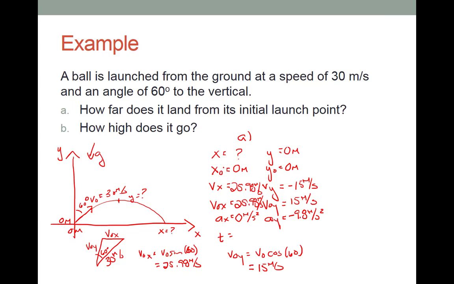We want to know position, X. But it's this horrible situation we have where in order to find X, we need to first find T. So to find time, we could use one of two equations. Because we have symmetry, we can use the Vy equals V naught y formula. But usually for these sorts of problems, we go to the y equals y naught formula.